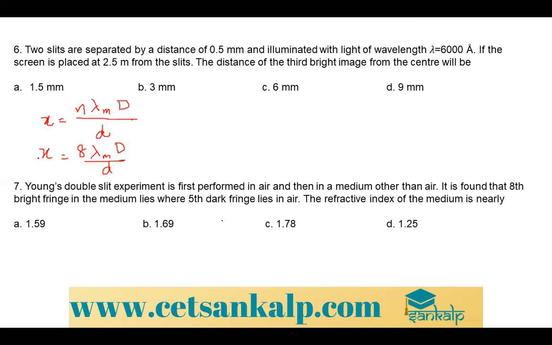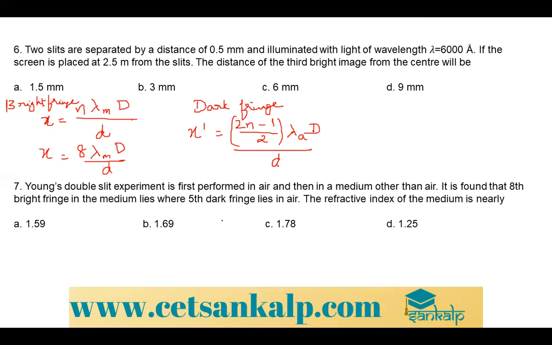This is for the medium. Next, this is nothing but for the bright fringe that they have given. Next, the dark fringe. The fifth dark fringe is given. So the formula is x dash is equal to 2n minus 1 divided by 2 lambda a D divided by d.